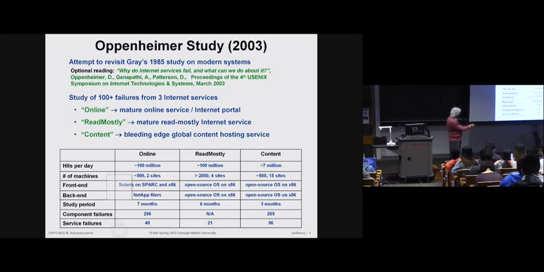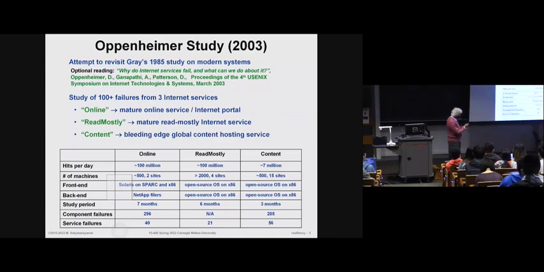These are all hits per day, 100 million, and then the content website was pretty low. It's about 500 machines on 2 physical sites, 2,000 machines on 4 sites, 500 machines on 15 sites. So in terms of number of machines, it's at least as large as the original 1985 study. But if you look at the number of sites, it's only a modest number of sites.